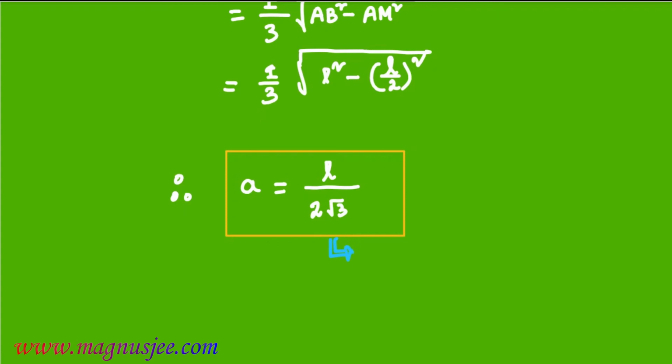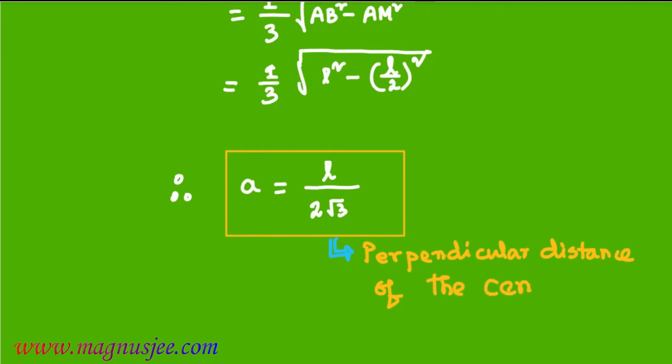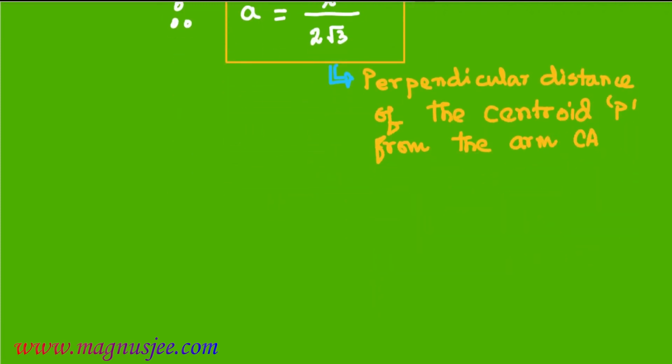Here A is the perpendicular distance of the centroid P from the side AC of the triangle.